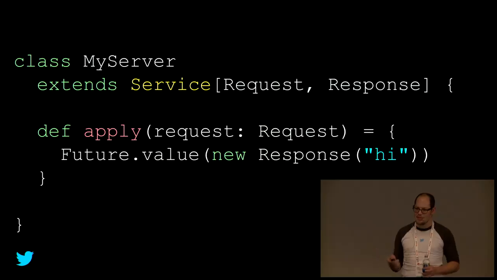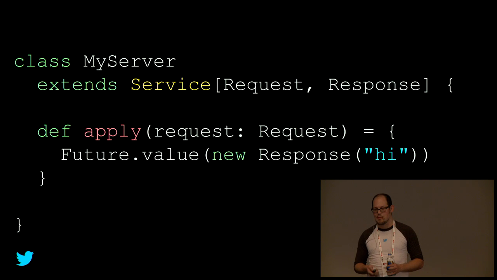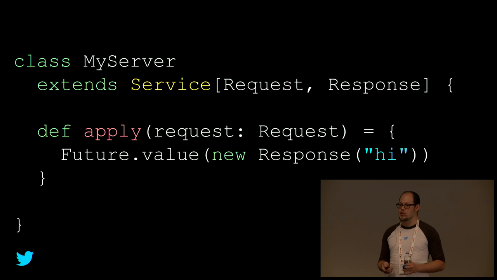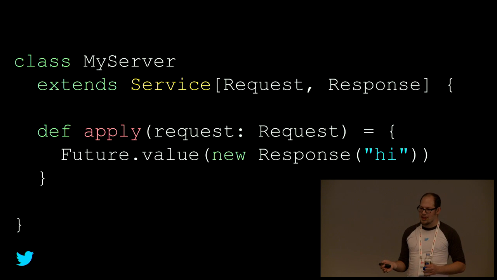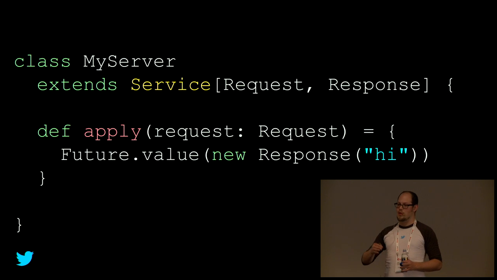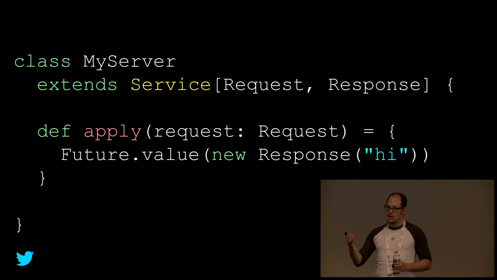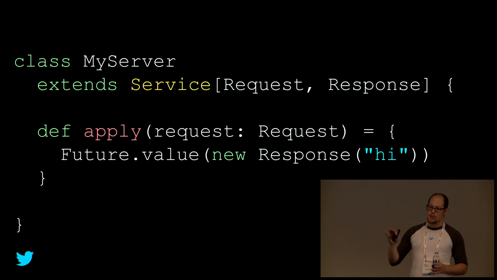So here we have an HTTP server example. We have a server class that extends service request response. This is a class provided by Finagle, right? And then you apply this request. We're implementing the apply here ourselves as opposed to getting it from Finagle. So here we say when the server gets applied with a request, we're going to return a future value of a new response high.